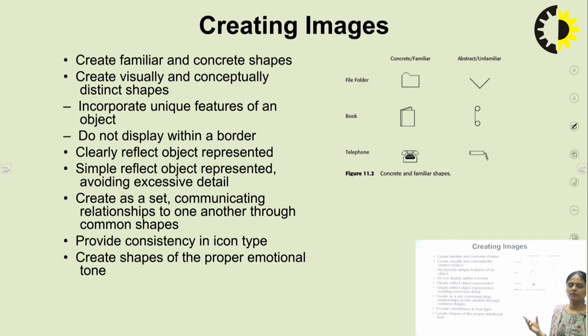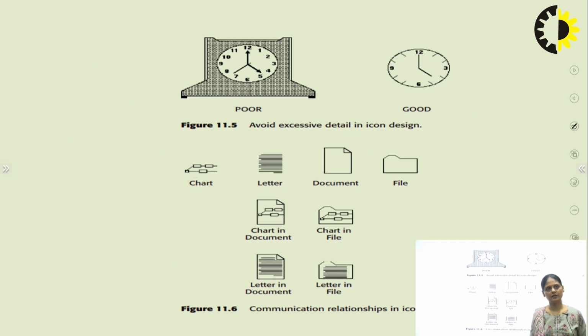But if the icon is of this other type, it is not indicating that it is a book, and the user needs to recall every time that this icon is for the book. So to make it user friendly, similarly the telephone. These are some examples of familiar shapes that we should go for while making icons.